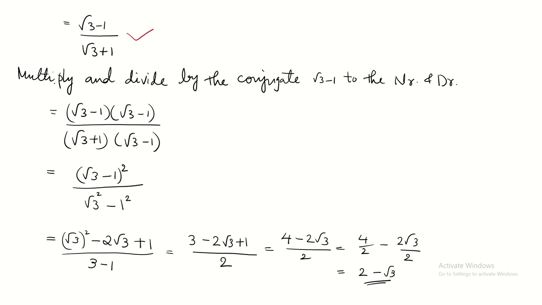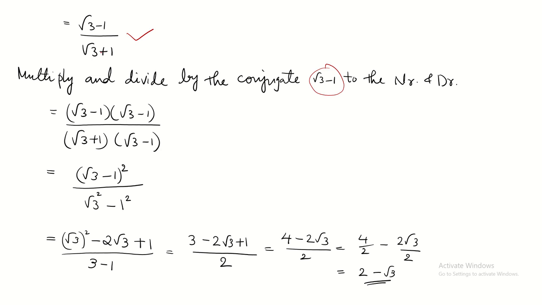After this you have to multiply and divide by the conjugate. What is the conjugate? Root 3 minus 1. I hope you know what is conjugate. If here you have a plus value, the conjugate of the denominator will be negative.